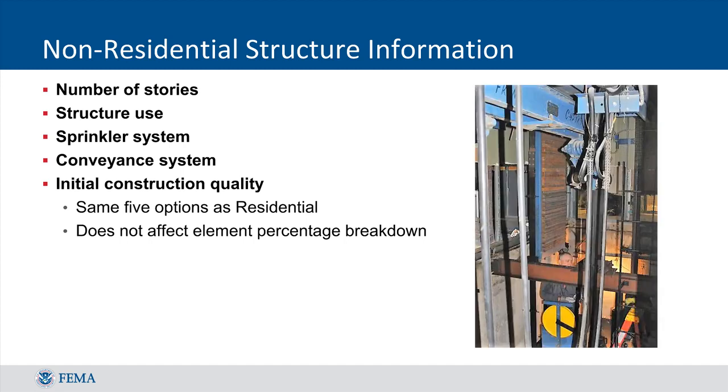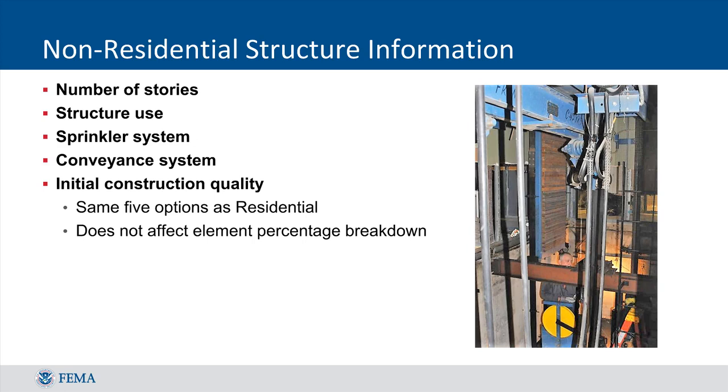A conveyance system refers to whether the structure has an elevator or escalator, and so the option to select this for a one-story structure will not be available since there is no need for an elevator in a one-story structure. Similarly, for structures of 5 stories or more, the option to select sprinkler systems and conveyance systems are not available, as it is assumed that these structures will have both of these systems in place.